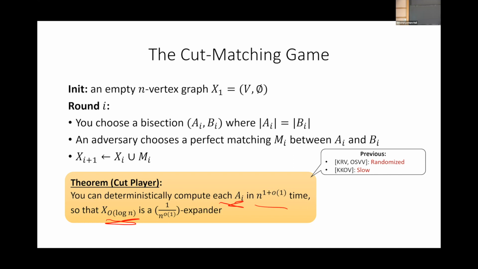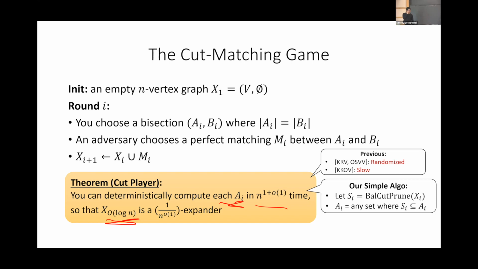But what we show is that we get the first fast deterministic algorithm for the cut player. Even if you forget about the algorithm, whether fast or slow, just for the combinatorial reason, this is already interesting.